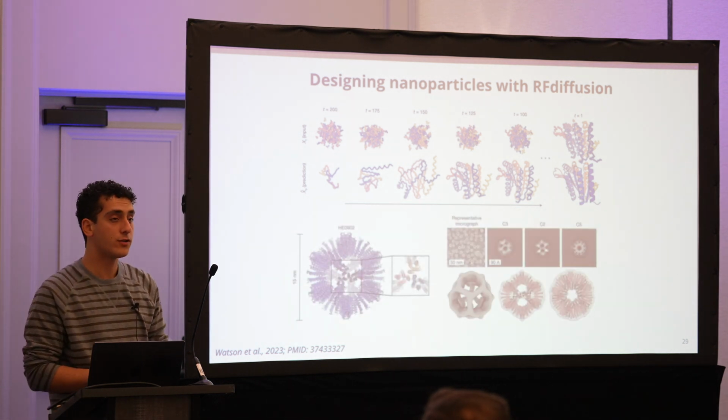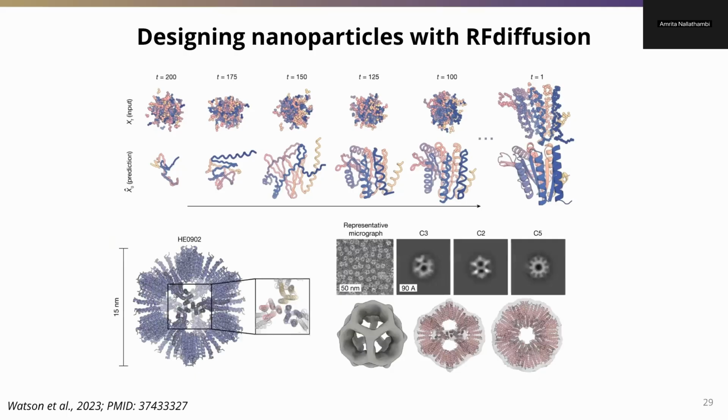In the diffusion paper, they were able to do this with a 15 nanometer icosahedral nanoparticle. And so this was the first proof of concept we needed to show that, hey, it's possible to actually give diffusion an architecture and say, I want a nanoparticle. Can we actually just make it and skip all of the steps we talked about before?